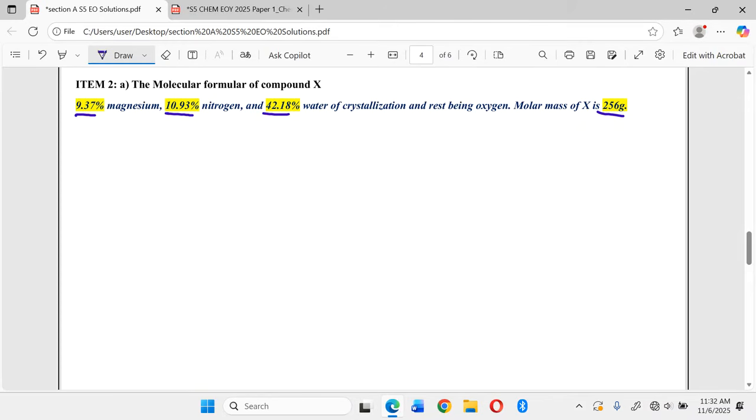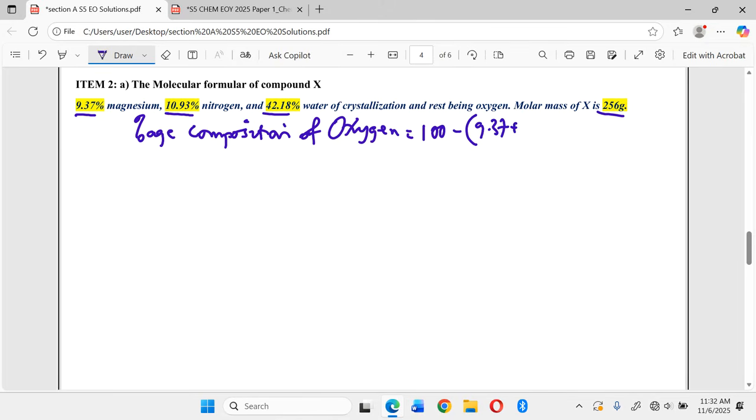So I want us to go through that very fast. If they have given us magnesium, nitrogen, water of crystallization, rest being oxygen, we can first calculate the percentage composition of oxygen, which means it will be 100 minus the sum of the other ones: 9.37 plus 10.93 plus 42.18.